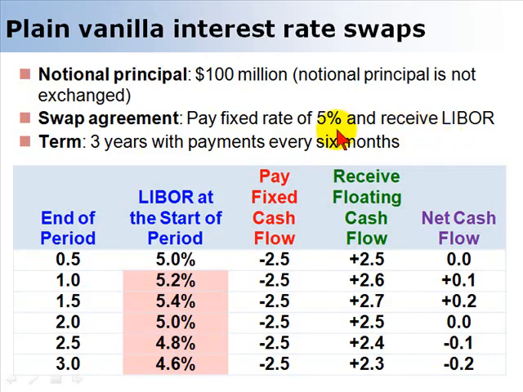Let's just say it's also 5%. If we go forward 6 months to the first settlement, the floating rate is going to be that 5%, that 6-month LIBOR that was known when we created the swap. So the first floating rate payment is known at swap inception.